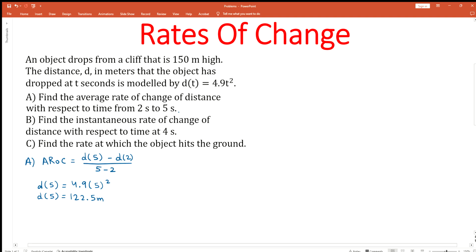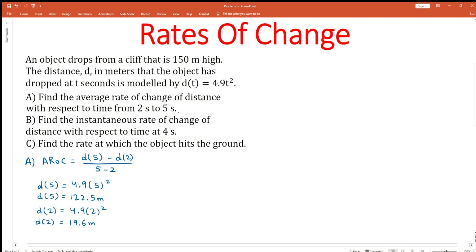Next, we can find d(2). We should sub in t as 2 in the given d function. I get 19.6 and the unit is meters.